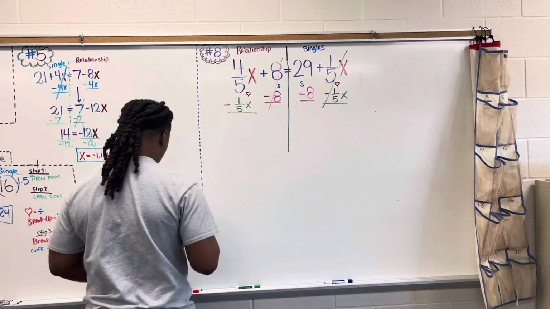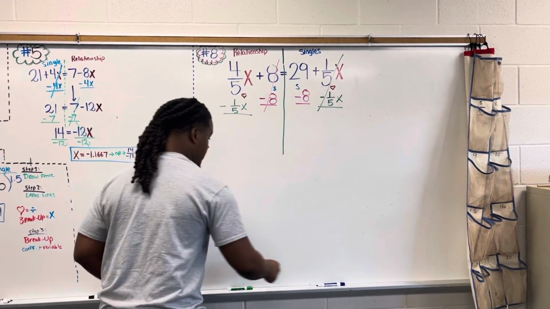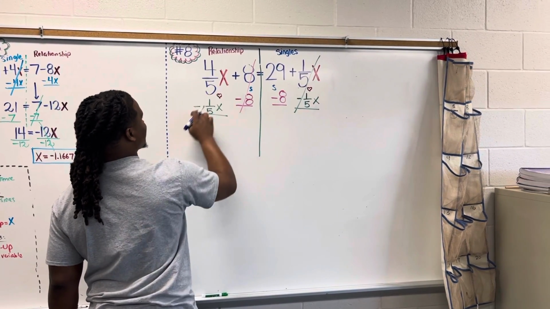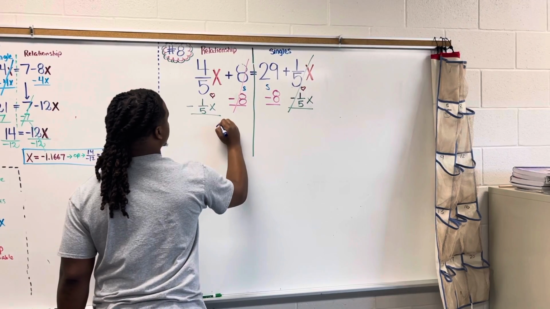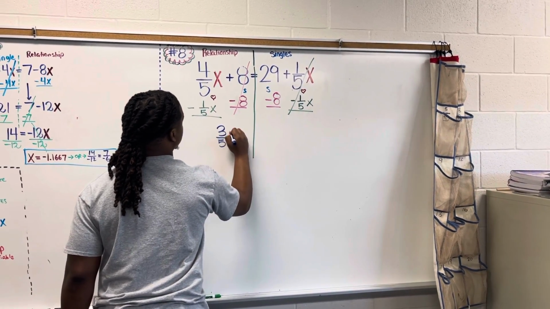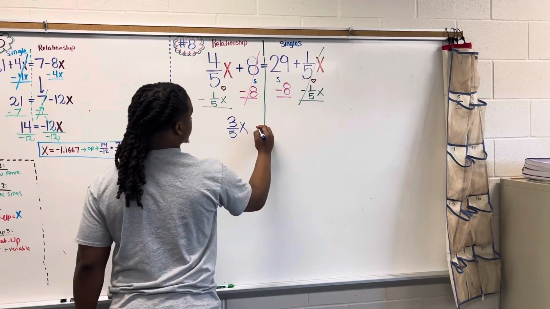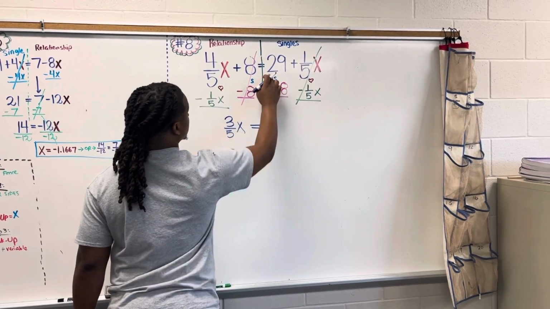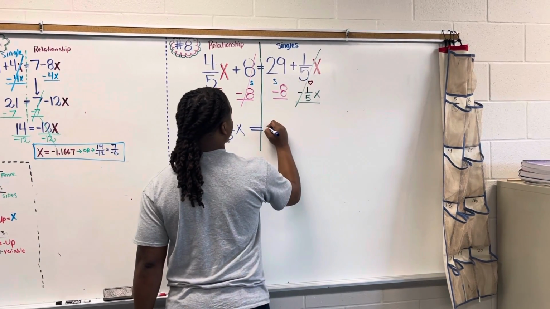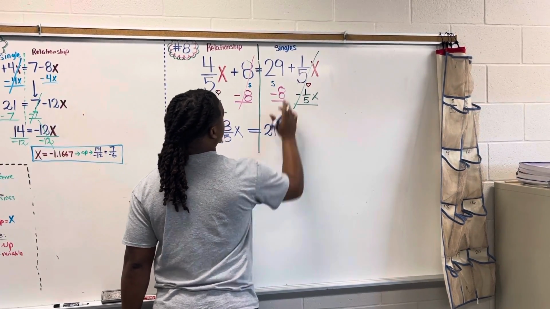Now all we're gonna do, ladies and gentlemen, is bring everything down. So 4/5 X minus 1/5 X equals 3/5 X. Of course, that cancels out. Equals 29 minus 8 equals 21. And of course, that cancels out.